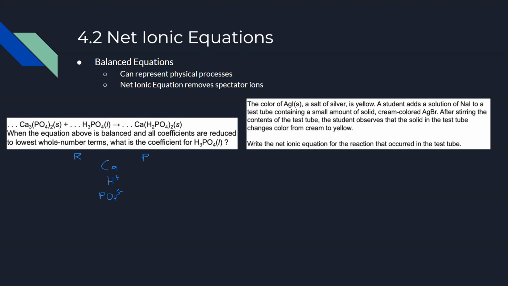So let's see how much calcium we have. We have 3 calcium in the reactants and 1 calcium in the products. We have 3 hydrogens in the reactants and 4 hydrogens in the products.